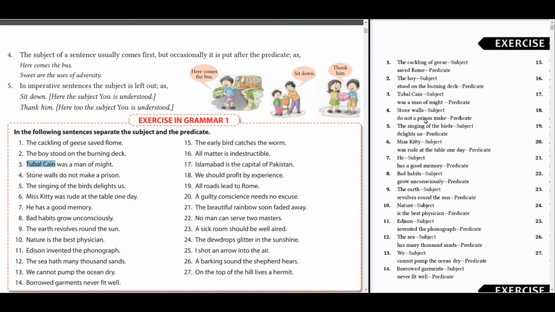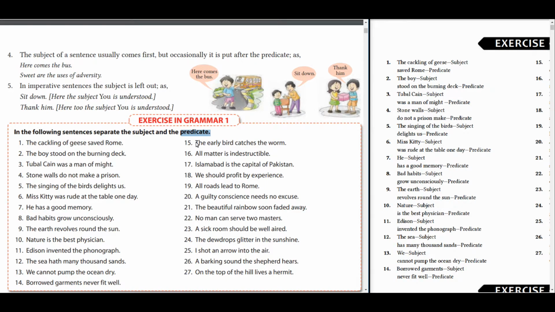So stone walls, subject; do not a prison make, it's a predicate. It gives you information about the sentence. Remember please, predicate is just information about the sentence. Who is doing the work is the subject.